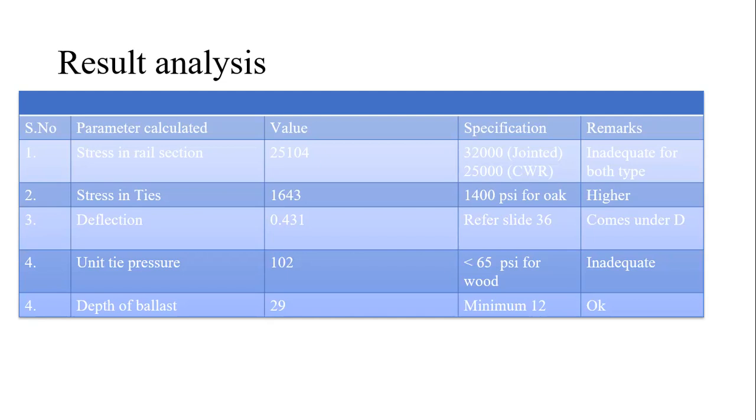Instead of using a wooden tie, we can use a concrete tie, and that will not only result in lesser stress in the sleeper, but also control the deflection, because the deflection depends on the stress resistance of the sleeper.